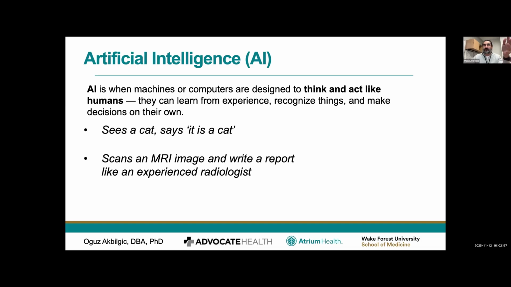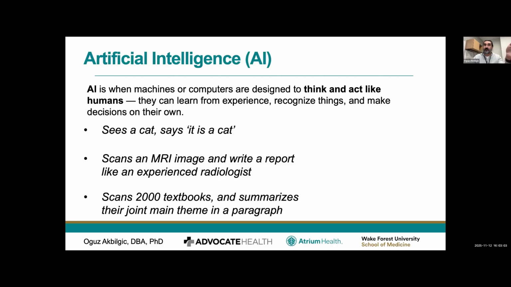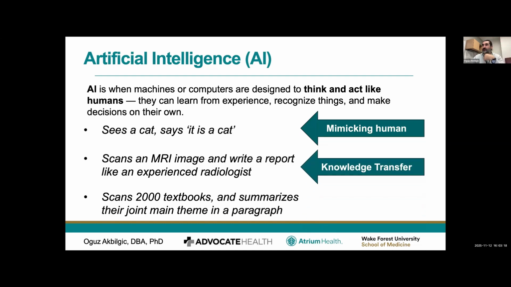Or when it scans an MRI image, it should be able to write a report like an expert does. Or it can scan thousands of textbooks and summarize their joint theme within a couple of sentences in a paragraph. In the first example, we are just mimicking what humans can already do.